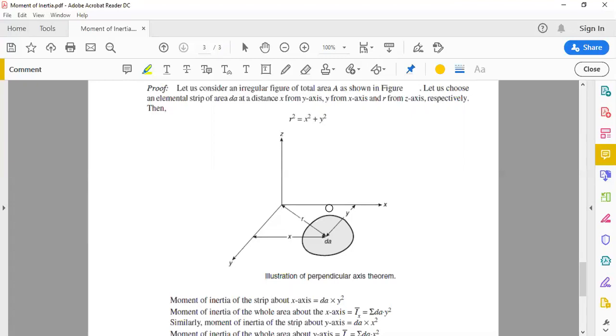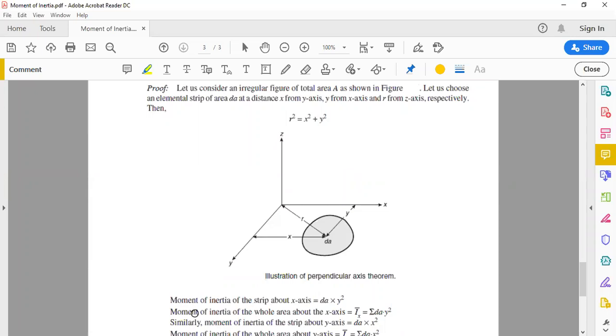I repeat, the CG of this figure lies at a perpendicular distance of y from x-axis, x from y-axis, and r from z-axis. So this is the perpendicular distance.